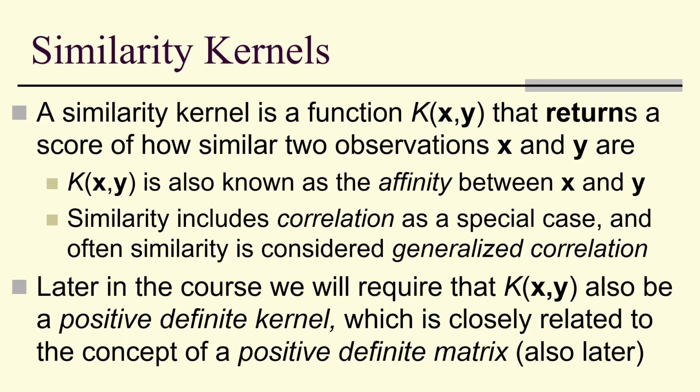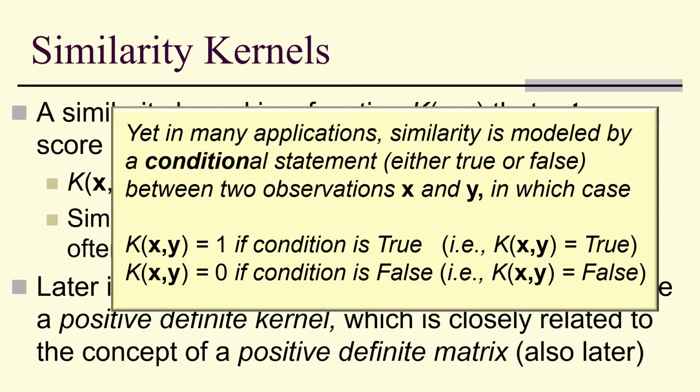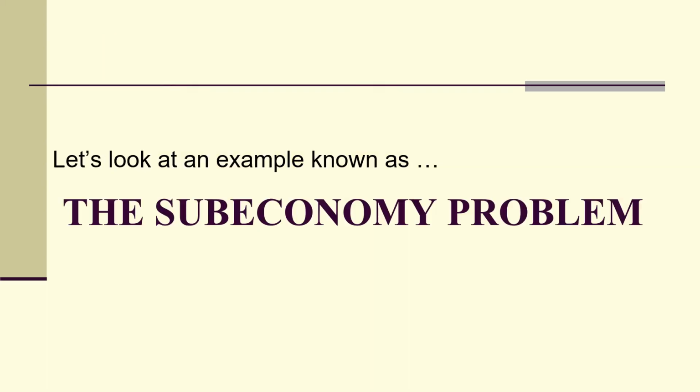Later in the course, we'll also require that our kernel functions be positive definite, which is closely related to positive definite matrices from a field known as linear algebra. But in many applications, similarity is just a conditional statement, either true or false. And then very often we'll use numerical values. So k of x,y is 1 if the condition is true, and 0 if the condition is false.